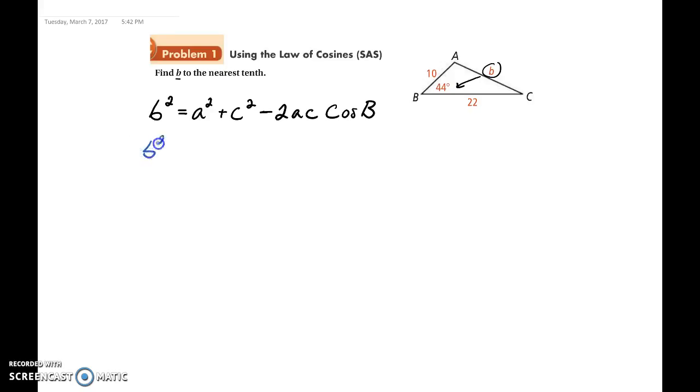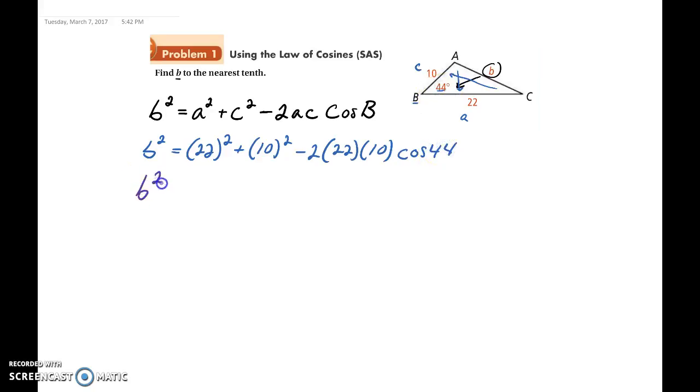We don't know b, so it's still going to remain b squared. A is going to be opposite of angle A, and C will be opposite of angle C, so it'll be 22 squared plus 10 squared minus 2 times 22 times 10 times cosine of angle B, which we know is 44 degrees, so cosine of 44.